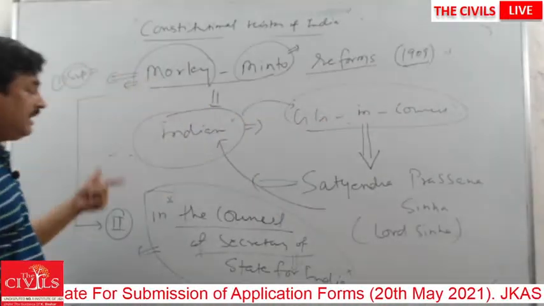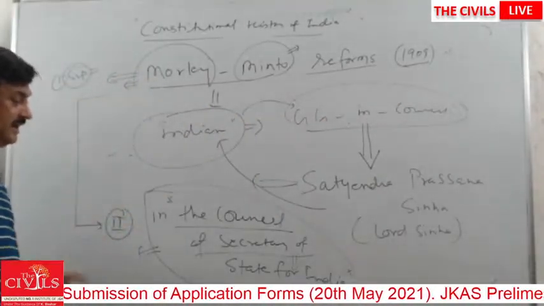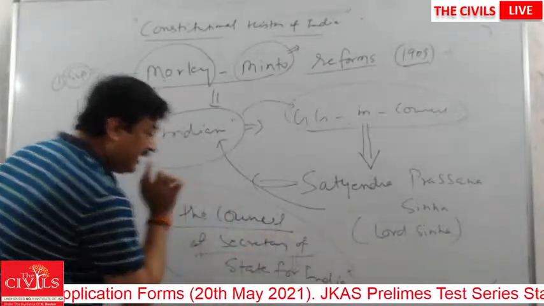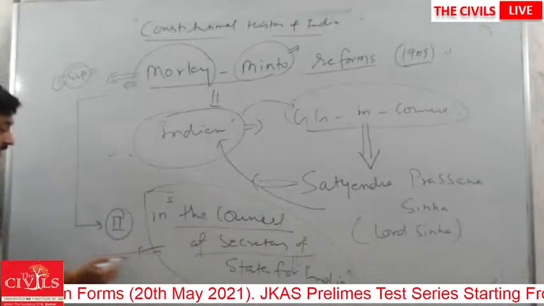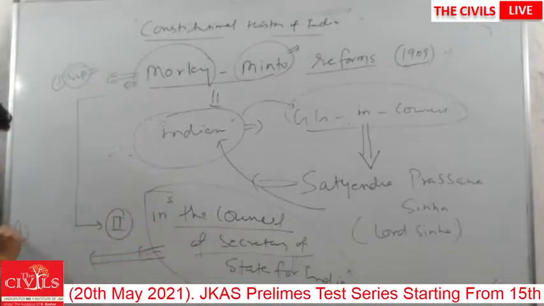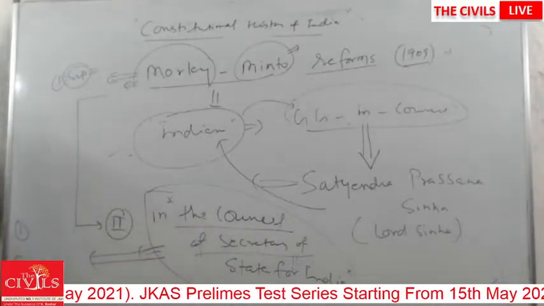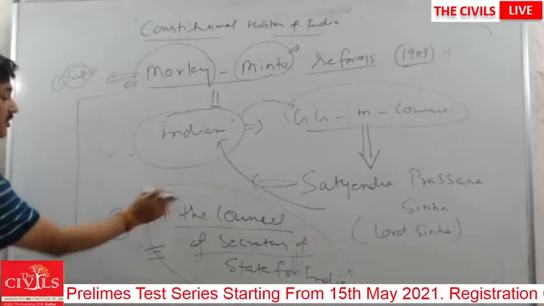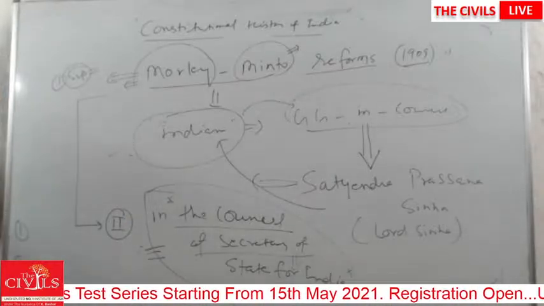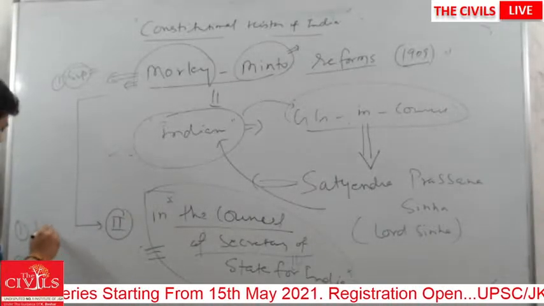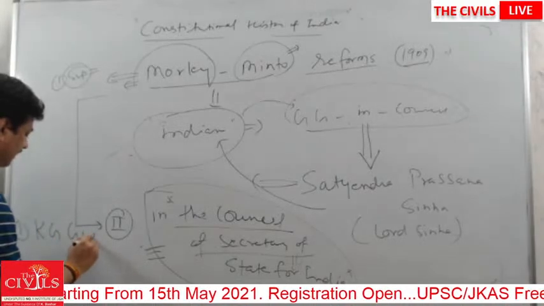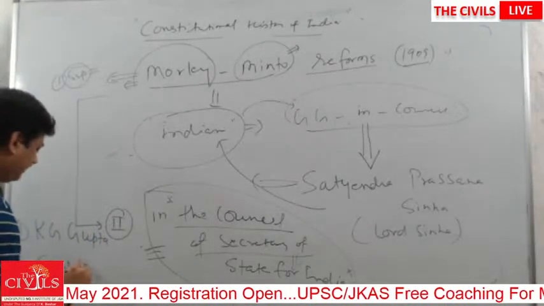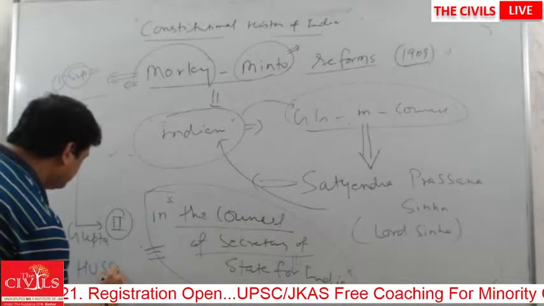This act also allowed the inclusion of Indians in the Council of Secretary of State for India. The first two Indians included in the Council of Secretary of State were K.G. Gupta and Sir Syed Hussain Bilgrami.